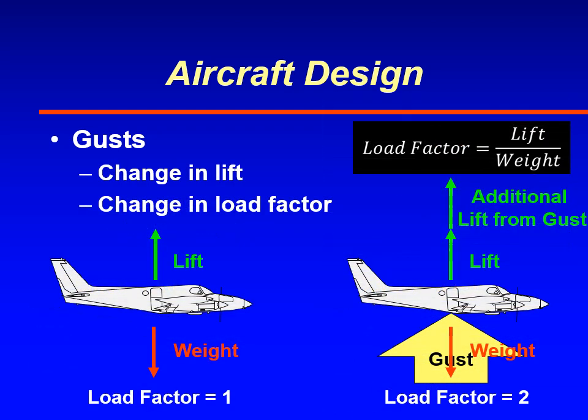And from your lift equation, that means that you have additional lift. You have greater lift. So if you have greater lift, that means that you have a much greater load factor. So as you're flying through turbulence, through these vertical gusts, your load factor is changing constantly, and you have greater load factor.